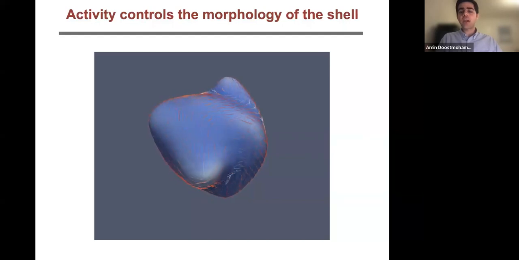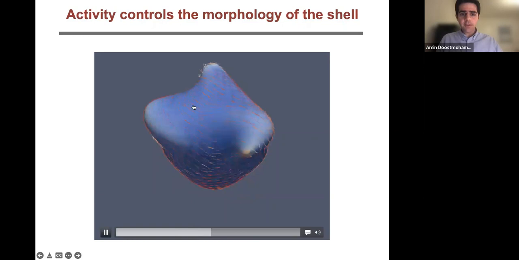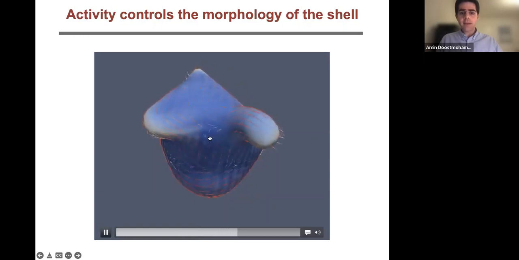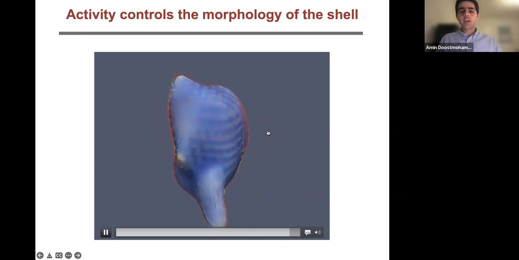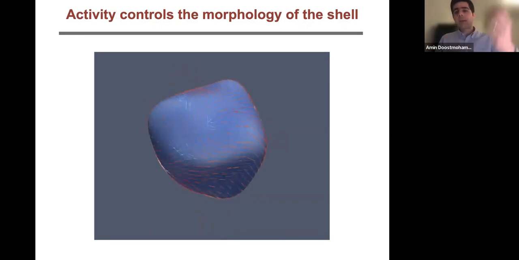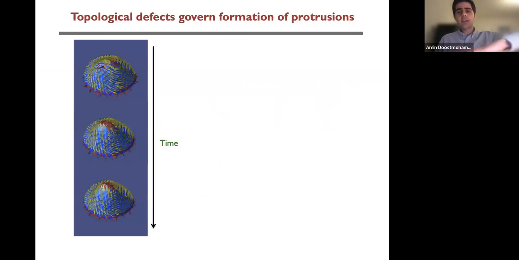Now I have a shell of active system. You can even see topological defects here moving. You have a -half at the trough and the +half going at the protrusion. And you can basically start playing with it and get different forms, different shapes based on activity. But what is important is that we can look at the shell that is sitting on a substrate.